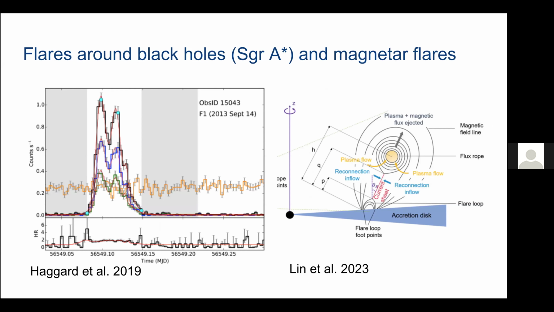I just want to point out that there are some really interesting synergies with other areas of physics. Flares around black holes, for example, Swift J1644+57. Here's an X-ray flare around it, and processes similar to solar eruptions are often invoked. This is actually the Lin-Forbes solar loss-of-equilibrium model stuck in an accretion disk around a black hole.